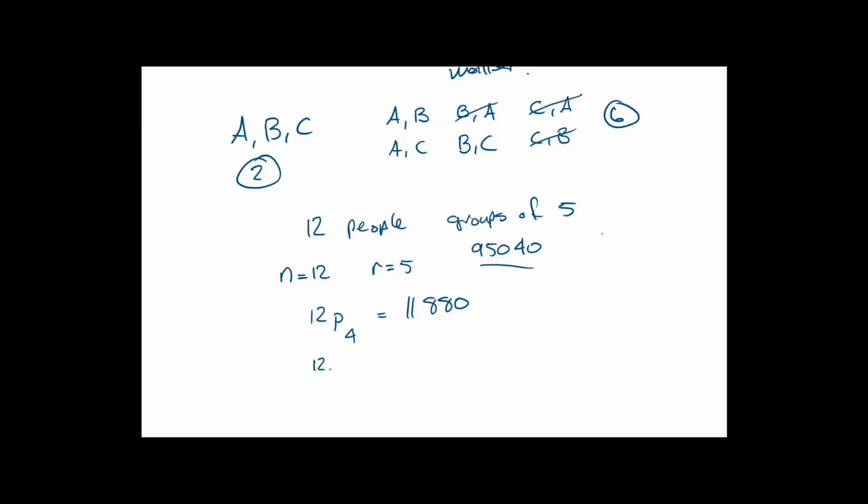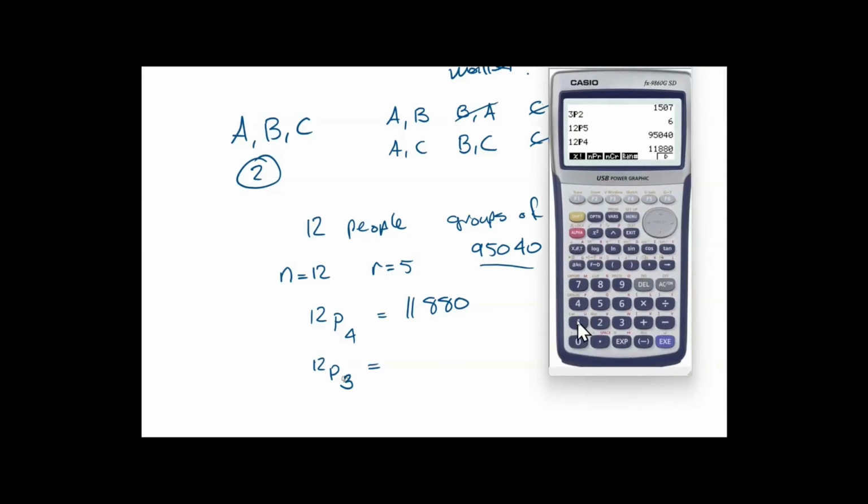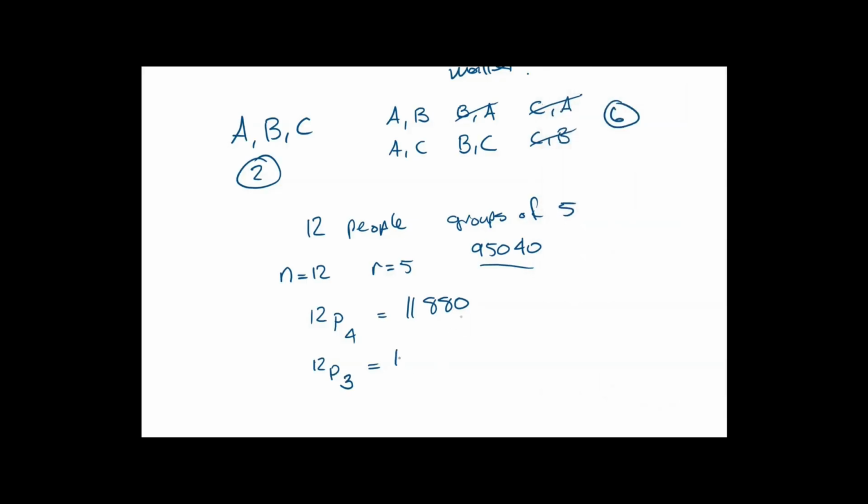And then for completion, we said, okay, how many trios can we make of this? If we have 12 people and we pick 3 of them, 1,320. So all up, there were 95,040, 11,880, and 1,320.